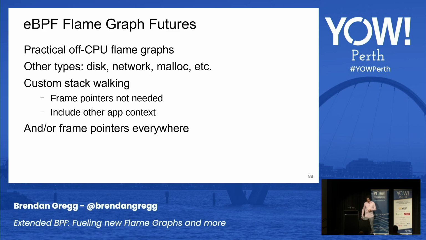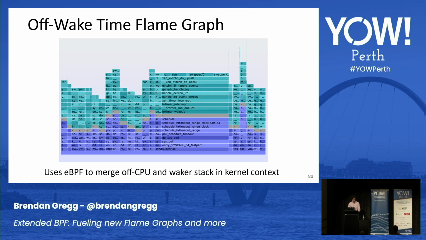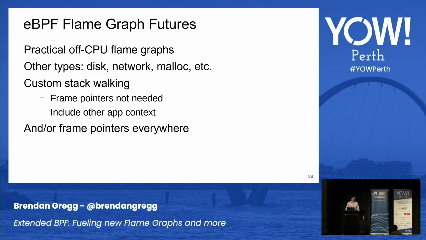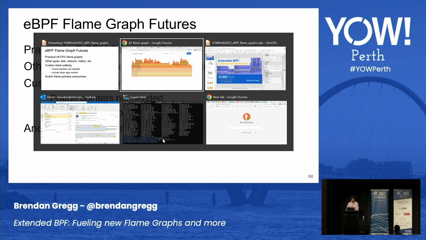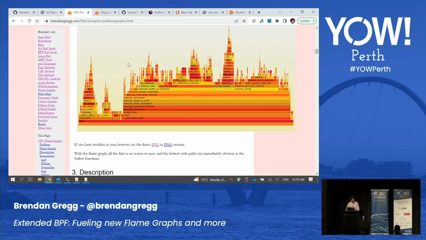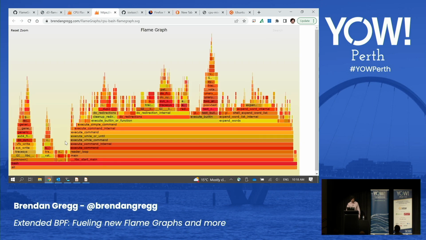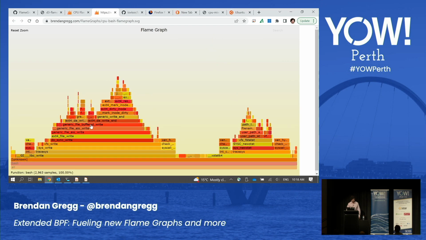A lot of the flame graphs do have little bits that are broken, and it's especially the case for off-CPU flame graphs because they often go through libc, and libc is not compiled with frame pointers by default. In fact, I was just seeing this earlier. In this example, down here, there is this write path.